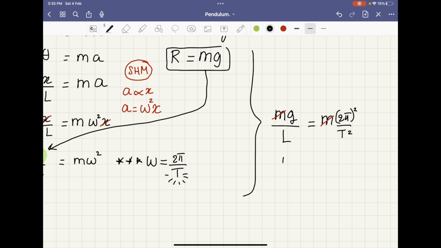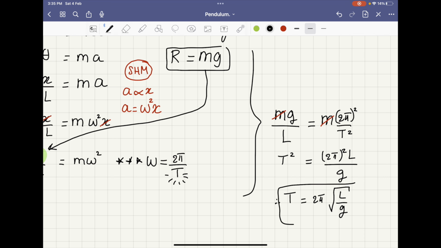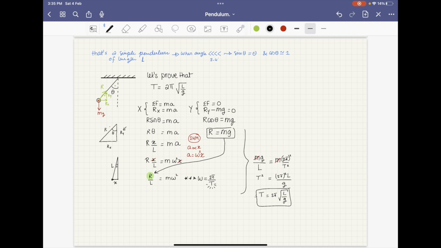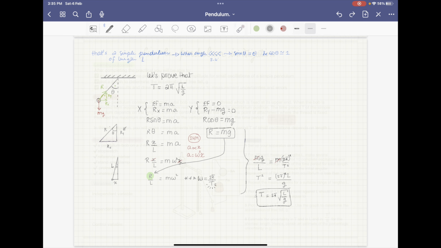We get that T squared is equal to 2 pi squared multiplied by L divided by g, which leads us to T equal to 2 pi. If I take the square root, it would be 2 pi times the square root of L divided by g. Okay, and this is our relationship.